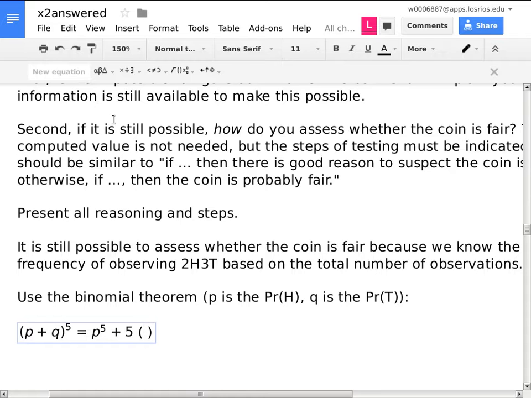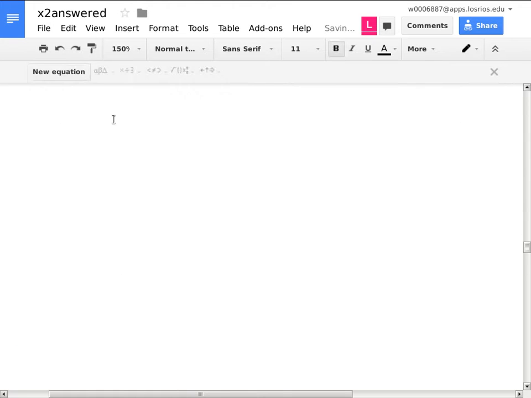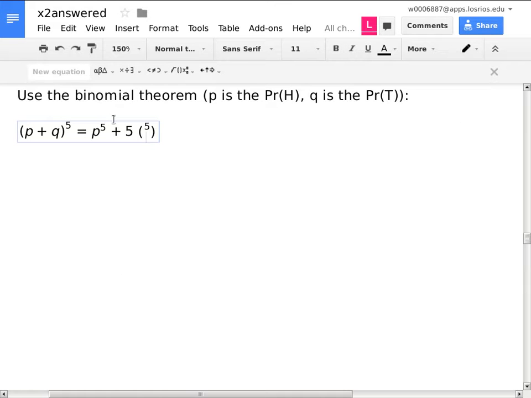Oh, but it doesn't do the choose as infix; it wants you to say choose and then type in the 5 and the bottom number, which is 1 in this case. Yes, it's a prefix notation instead of an infix notation in LaTeX. So this one is P to the power of 4 Q, right?